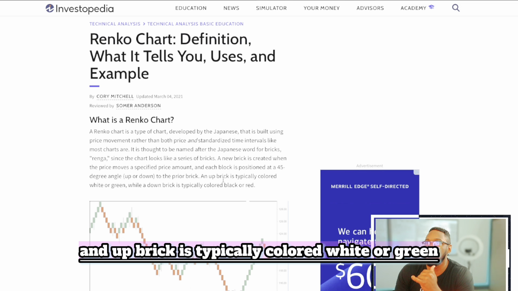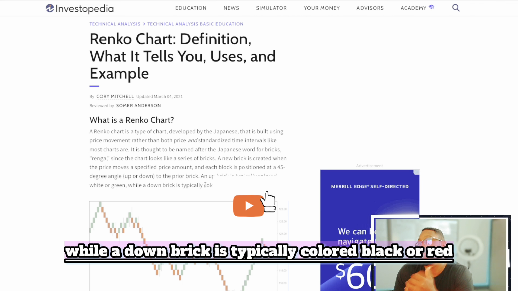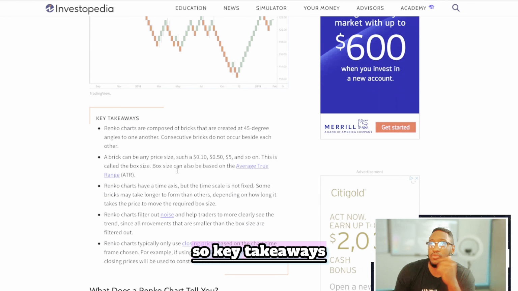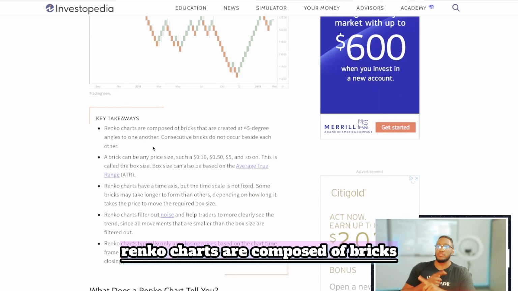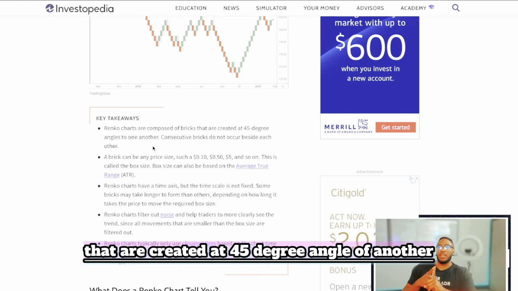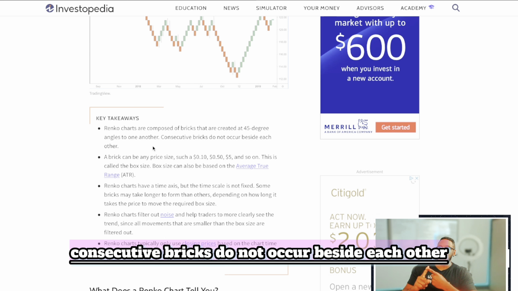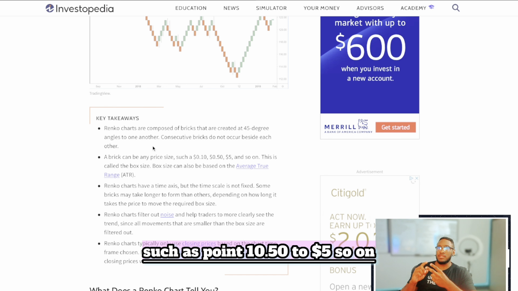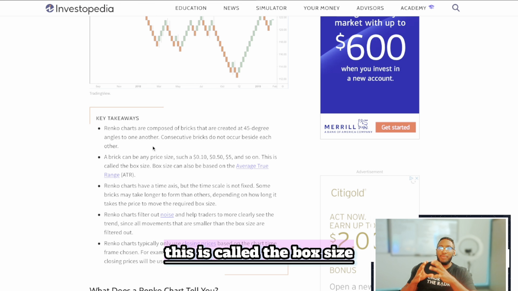An up brick is typically colored white or green, while a down brick is typically colored black or red. So, key takeaways. Renko charts are composed of bricks that are created at a 45-degree angle of another. Consecutive bricks do not occur beside each other. A brick can be any size, such as 0.10, 0.50 to $5, and so on. This is called the box size.